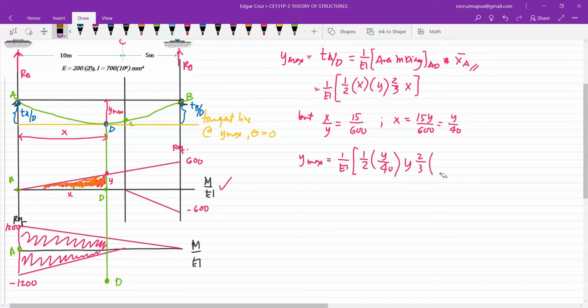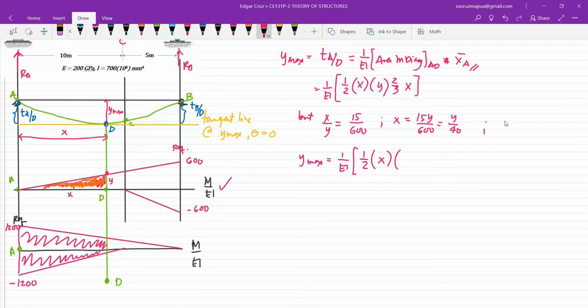So, sorry. So, baguhin ko. So, that is 1/2 of X. Then Y. So, ito pwede natin express ng Y is equal to 40X eh.